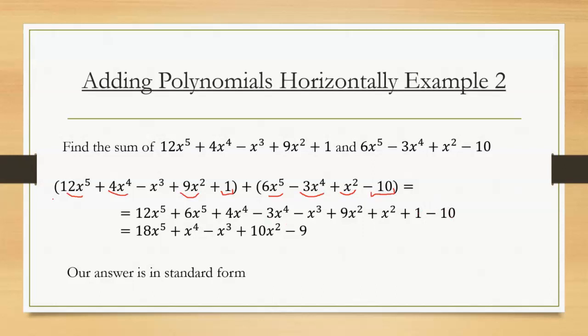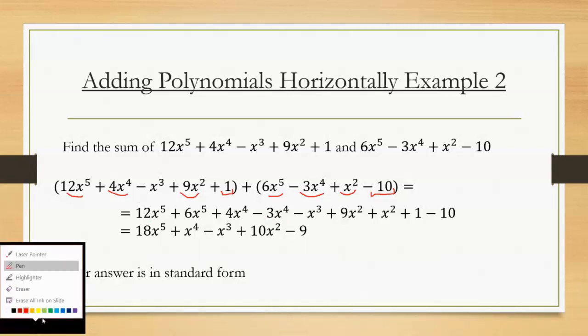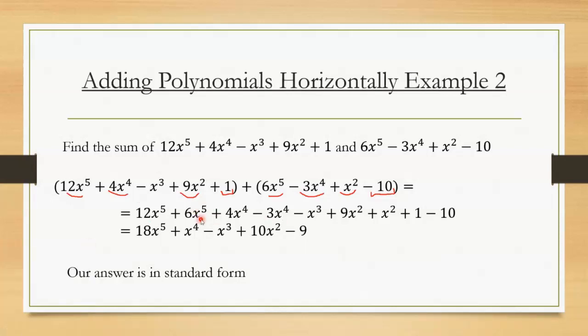So now we combine like terms. We have 12x to the 5th plus 6x to the 5th, 18x to the 5th. That's what we get here. 4x to the 4 minus 3x to the 4, right? That's just x to the 4. X cubed stays here. 9x squared plus x squared, that's 10x squared.